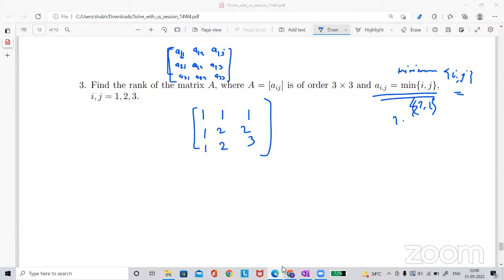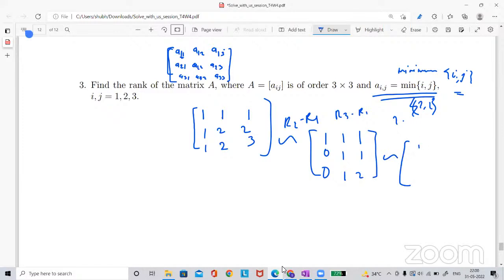So now let's calculate the rank. Proceed to use Gauss elimination; changing it to row echelon form is enough. The first row is 1, 1, 1. Next, subtract R2 minus R1, so this is 0, 1, 1. Next, R3 minus R1, so it is 0, 1, 2.